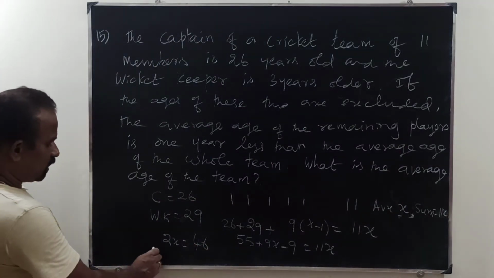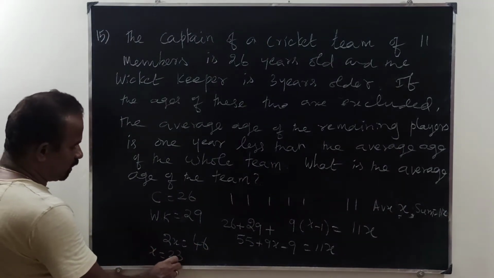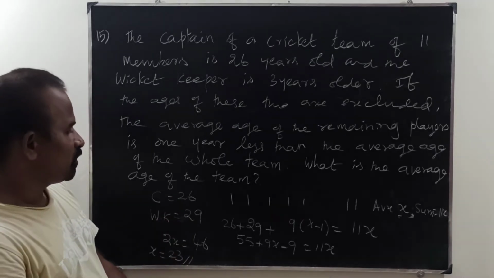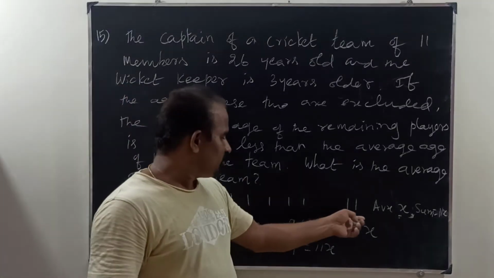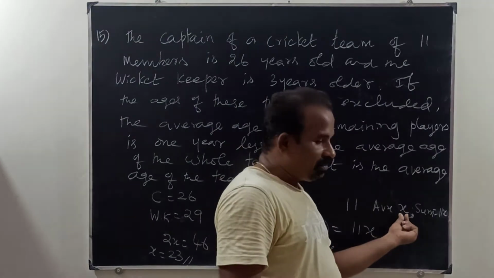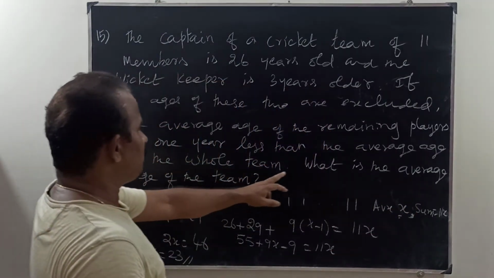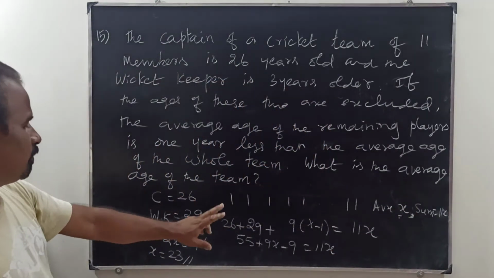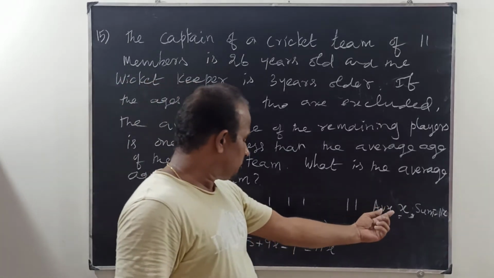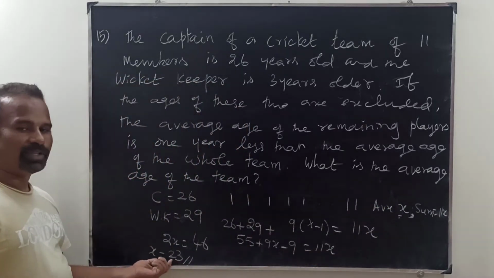So x is equal to 23. Therefore the average age of the total team is x, which is 23. Therefore the answer is 23. Clear?